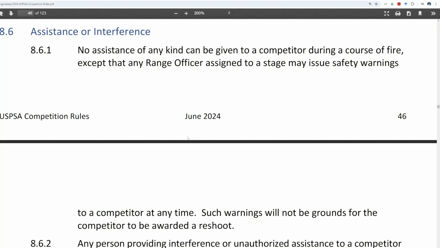Obviously, we don't want to abuse that for things like calling out trigger or muzzle during the course of fire. But if somebody is obviously setting up to do something dumb, we don't want people to get shot. We're playing a game with guns. Yes, it's a game, but they're guns that can actually do serious bodily harm. As an RO myself, I don't stand on the 180 looking to DQ people, because I don't want to be shot.